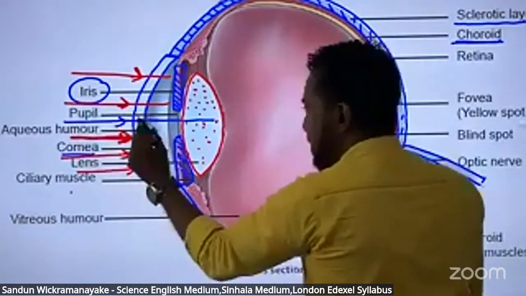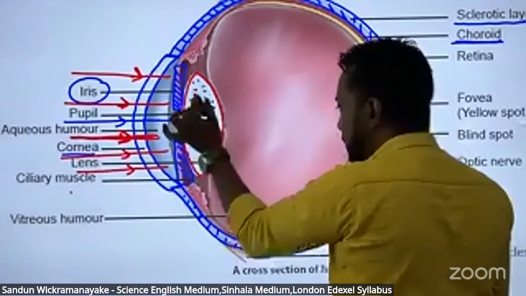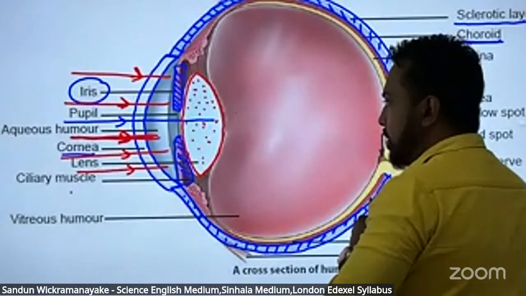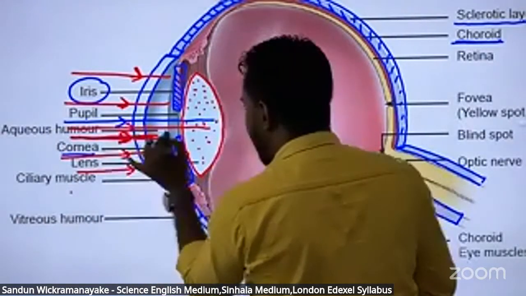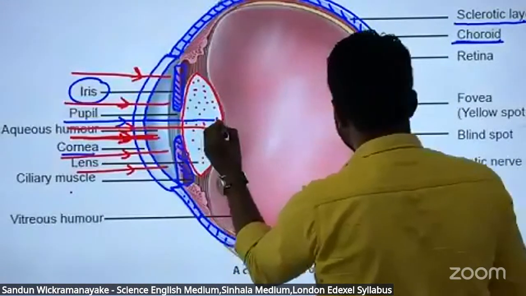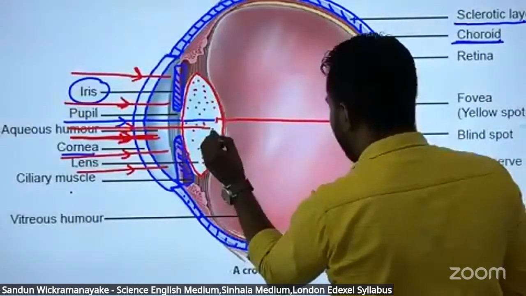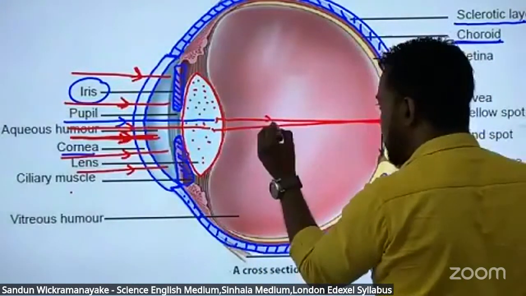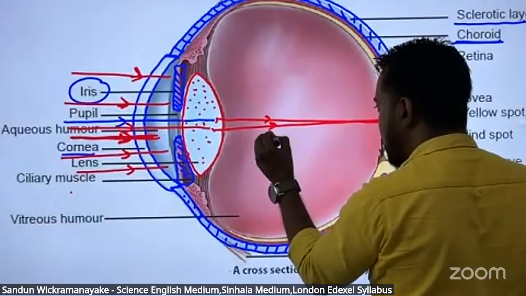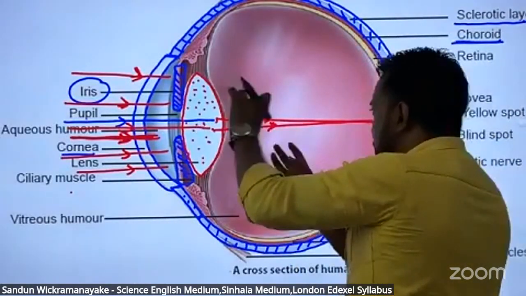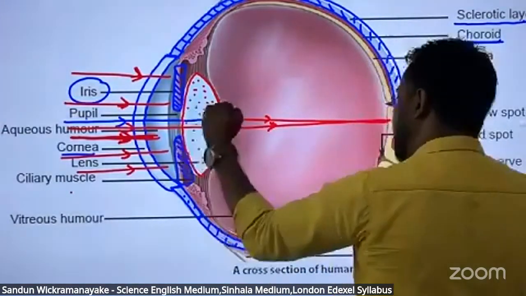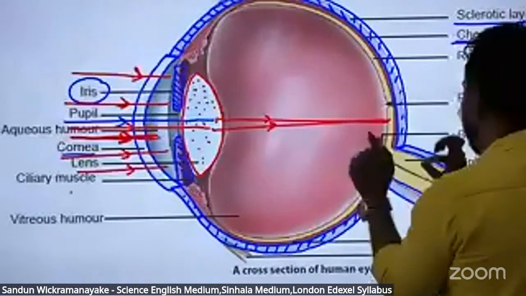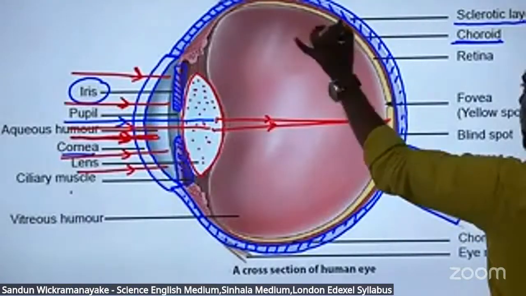And after that, the light rays come to this eye lens. The eye lens can control these light rays. It can bend these light rays to this yellow color layer.